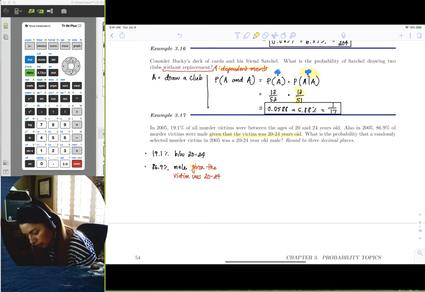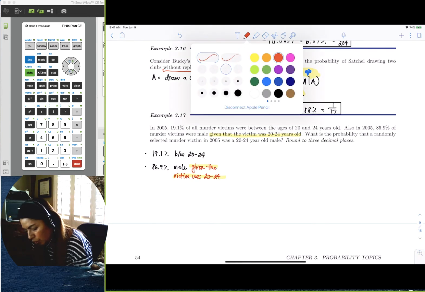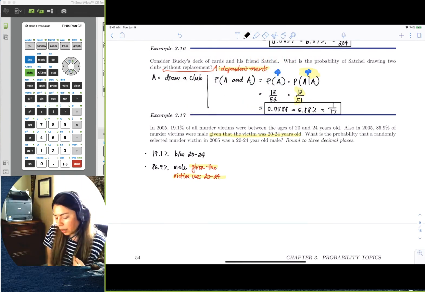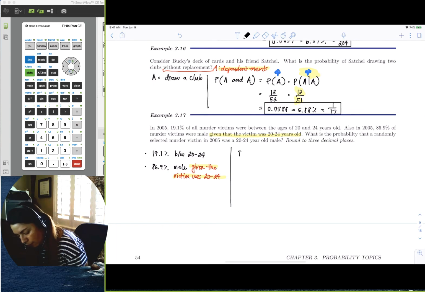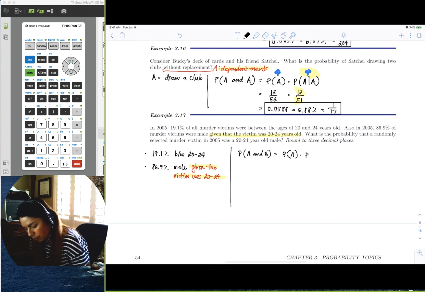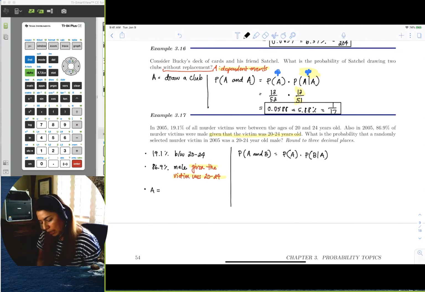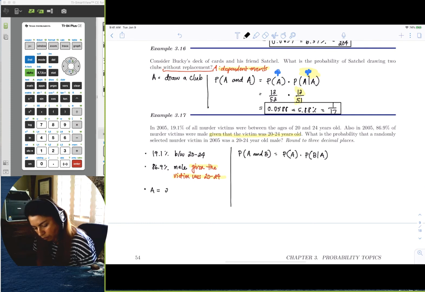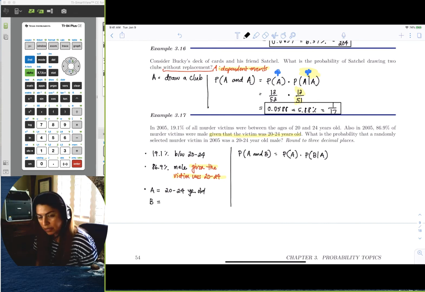I think this is the real important part when we interpret this in terms of the formula. If I have the probability of the events A and B, that's equal to the probability of A times the probability of B given that A has occurred. So let's write this out. Event A is that the victims were 20 to 24-year-olds, and the second event, B, is that the victims were male.